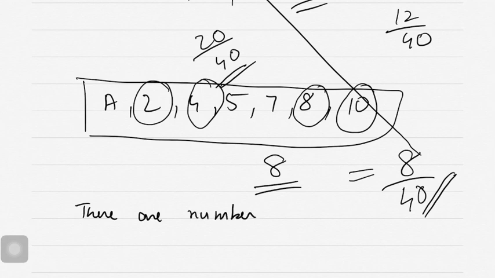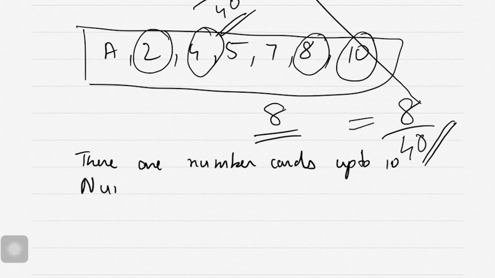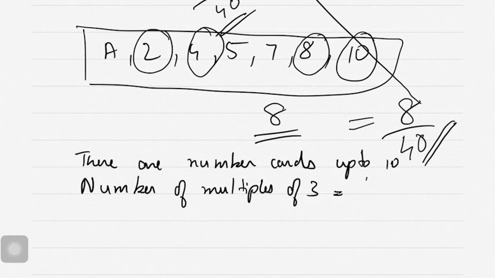There are number cards up to 10. Number of multiples of 3 is equal to 3, 6, 9, which is 3 cards.